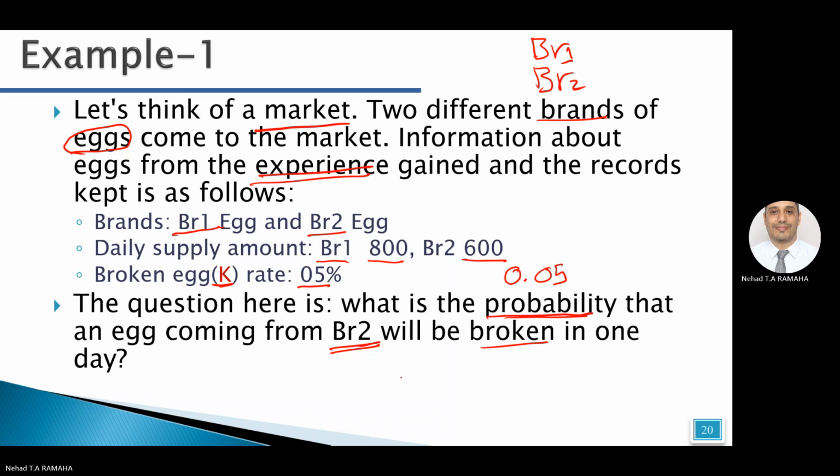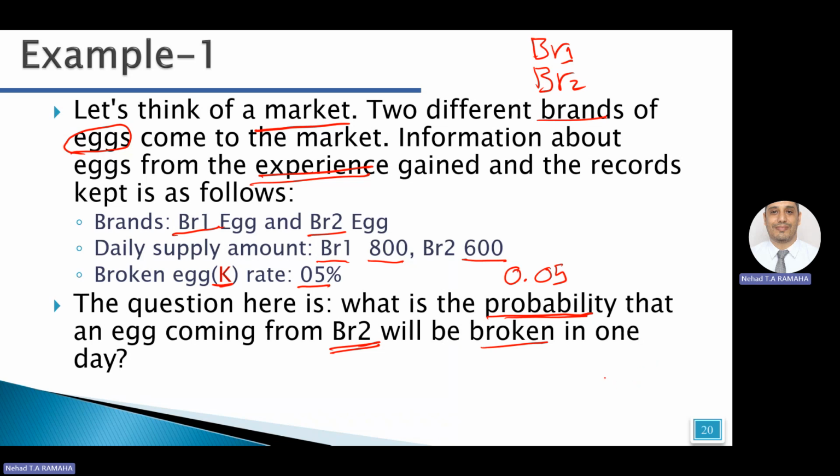Okay. First of all, we should know the distribution of the probability between BR2 and BR1. Let's say they have equal distribution about broken eggs. So we imagine that of the broken eggs, half of them come from BR1, half of them come from BR2.